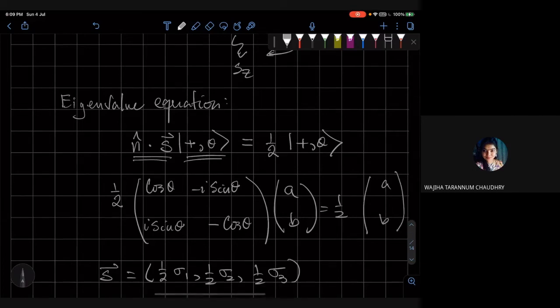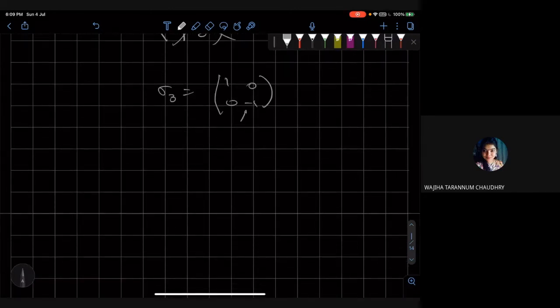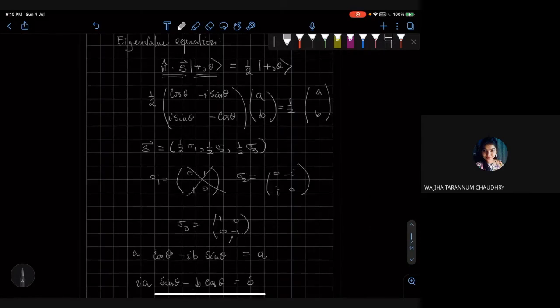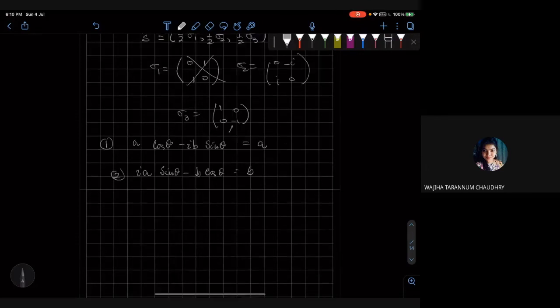So this is our eigenvalue equation, and it gives us two equations. The first equation is A cosine theta minus i B sine theta equals A. The second equation is i A sine theta minus B cosine theta equals B. All the halves factor out. So this is equation 1 and this is equation 2.